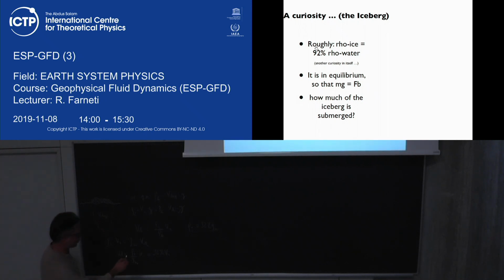We just need to know the ratio between the two densities. And roughly the ratio between the two densities is 92%. So the density of the iceberg is roughly 92% of that of seawater. So whatever is underwater is roughly 90% of the iceberg.